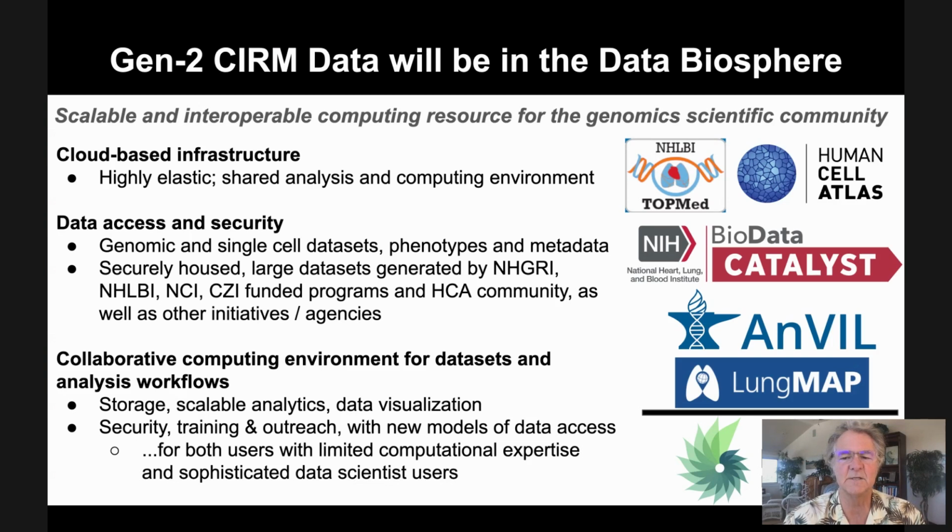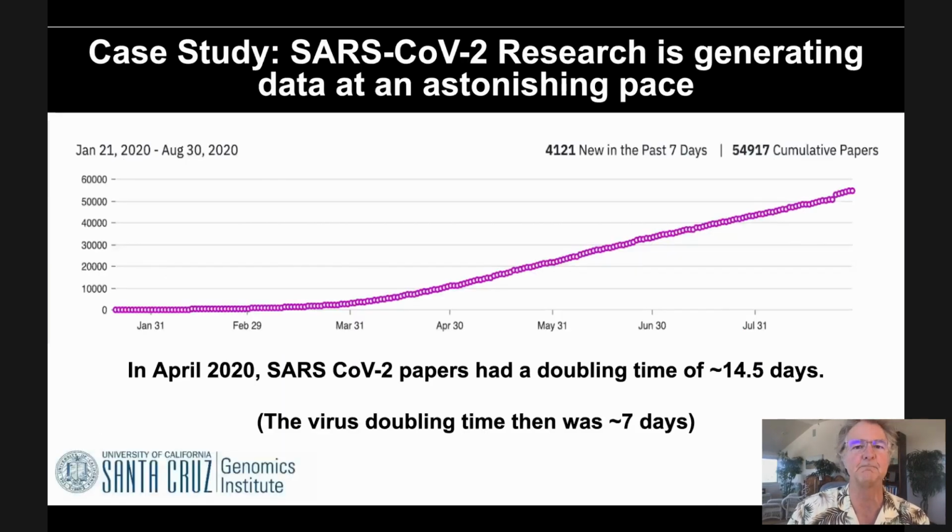If they can use a common cloud framework, it will be much more interoperable. We have to avoid the issue where every NIH institute and every project within every NIH institute has its own organization of the data in the cloud. We need a common cloud organization, and Data Biosphere is well on its way to creating that.